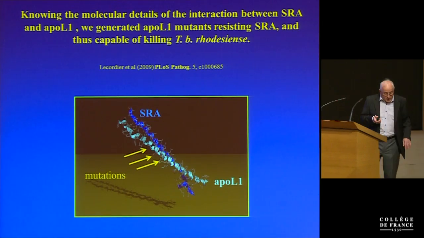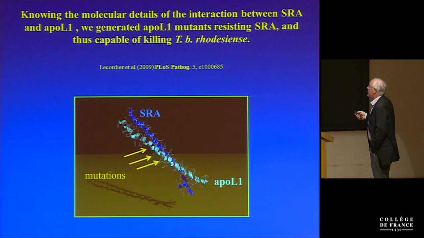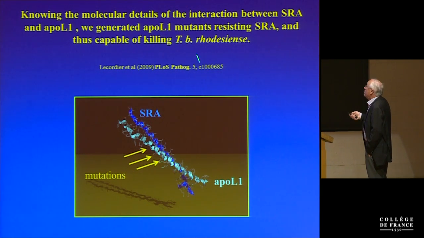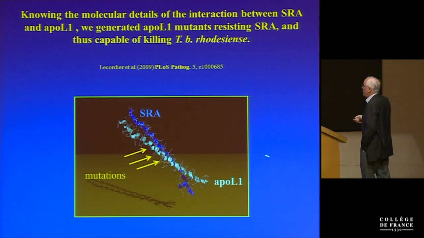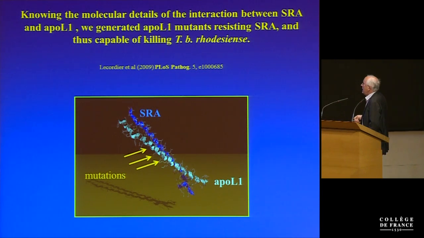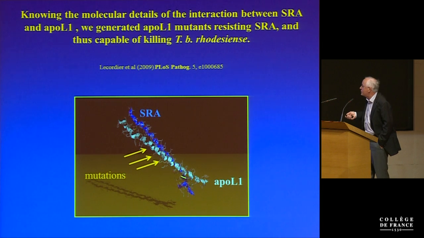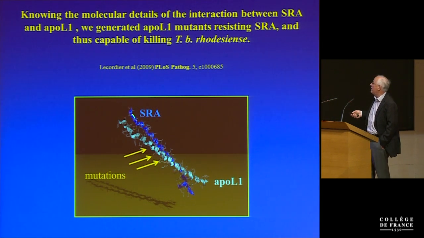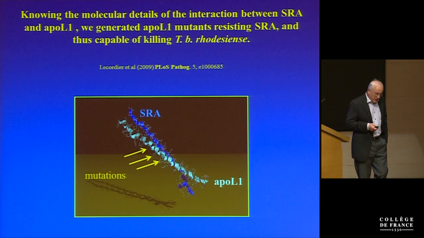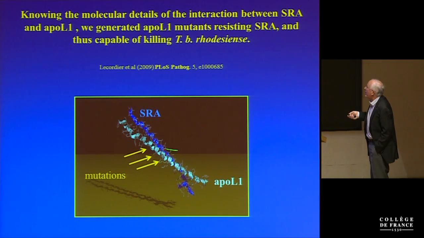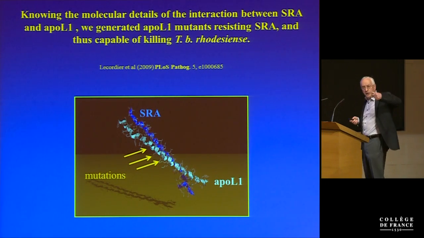Well, this part, step 3, started in my lab in 2009, when we were trying to develop ApoL1 mutants able to kill rhodesiense, which, after experimental mutations, would be resistant to neutralization by SRA. So we knew that the parasite antidote, SRA, was interacting with the C-terminal hairpin of ApoL1 through coiled-coil interaction.